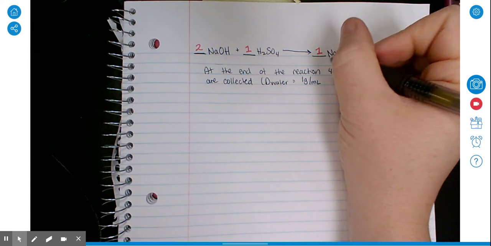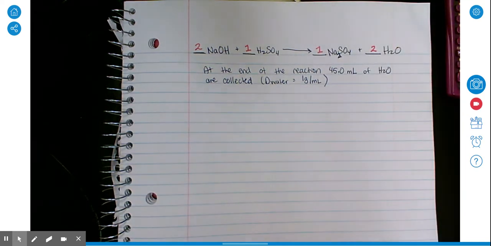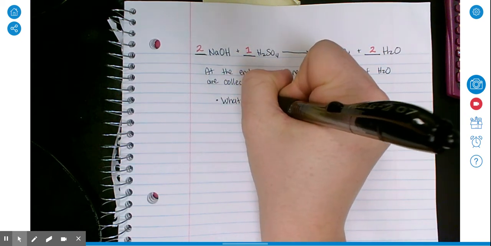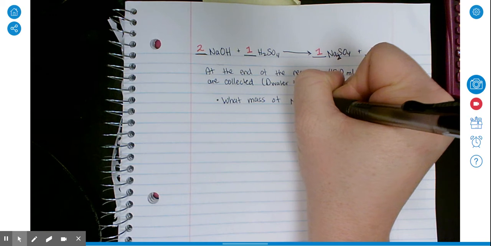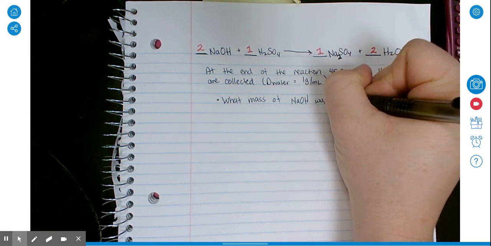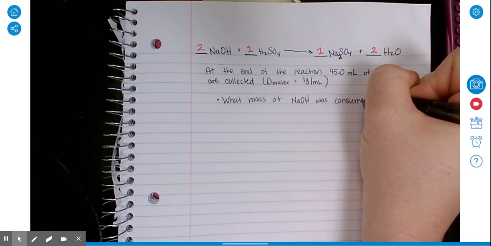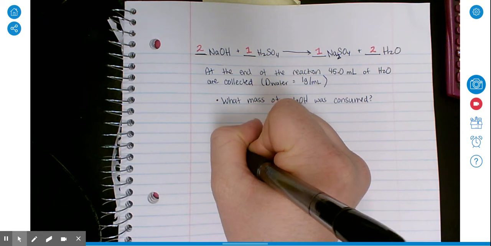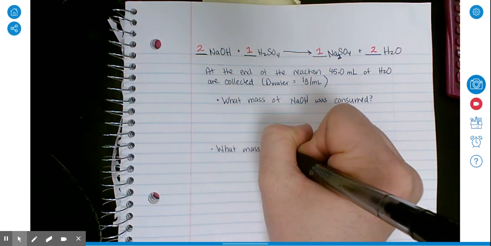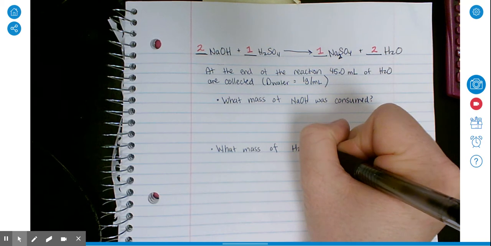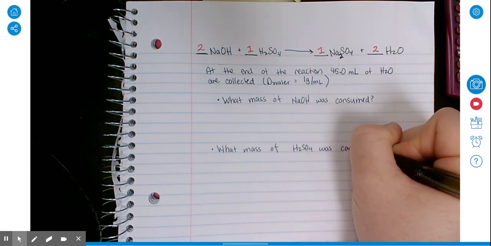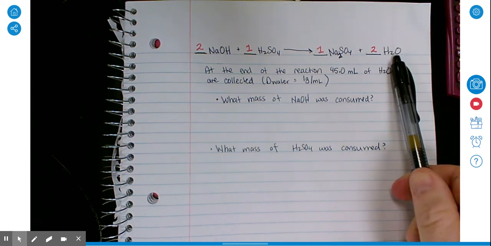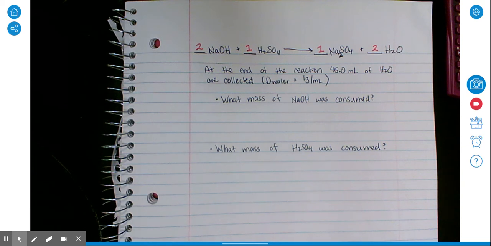So this is an easy density conversion, but it's still a density conversion. And I want us to calculate 2 things. What mass of NaOH was consumed, and what mass of H2SO4 was consumed. So now we're given a quantity at the back and we're going to calculate a quantity forward.